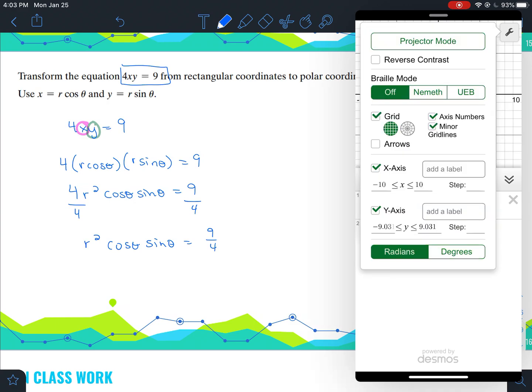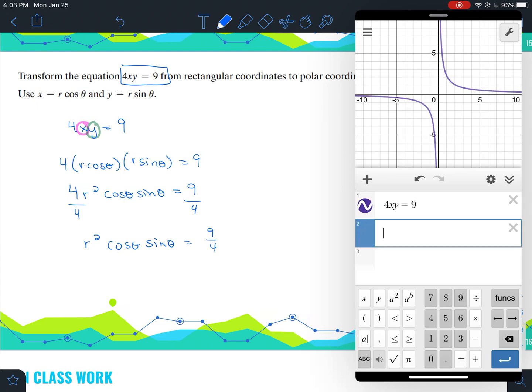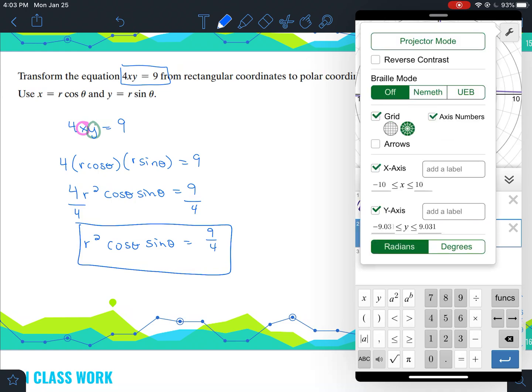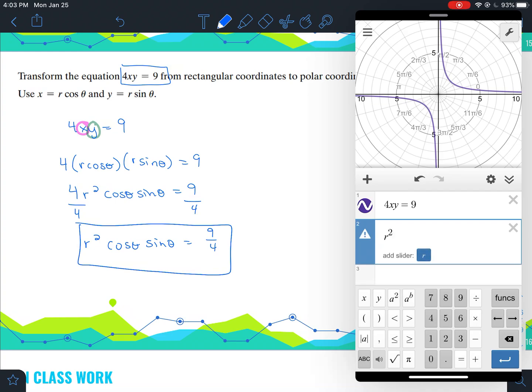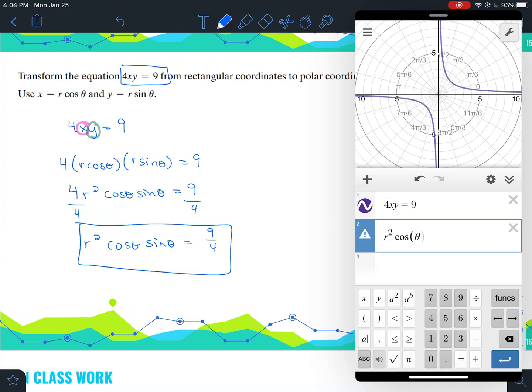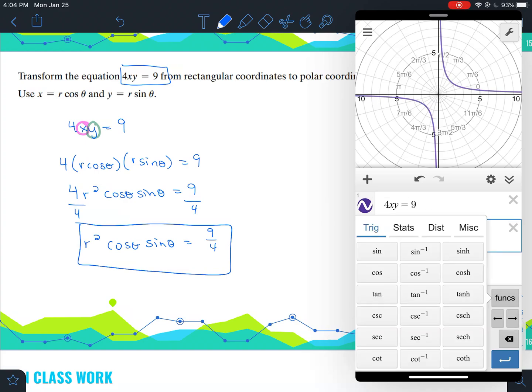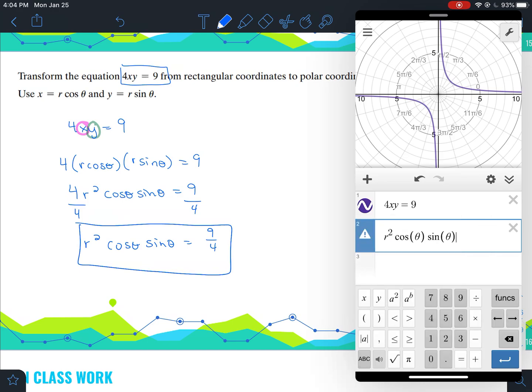So let's start in rectangular form. Let's switch our graph back to rectangular form, and we're just going to type in 4xy equals 9. And so it looks like a hyperbola. Now let's switch to polar and graph r squared cosine theta sine theta equals 9/4, so 9 divided by 4.